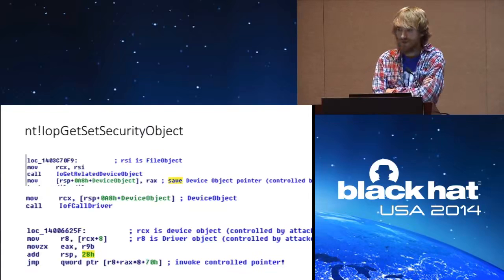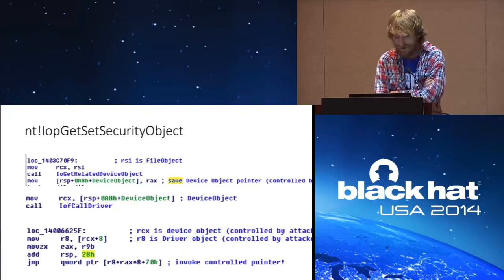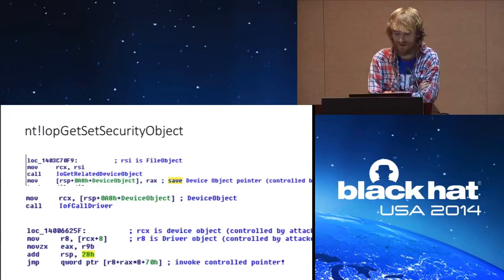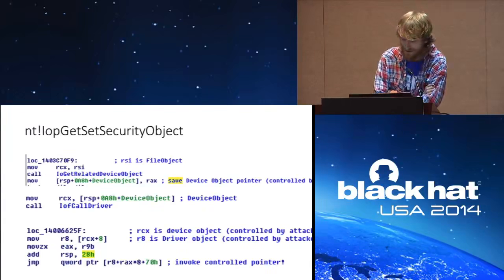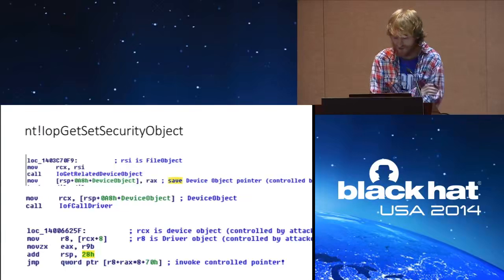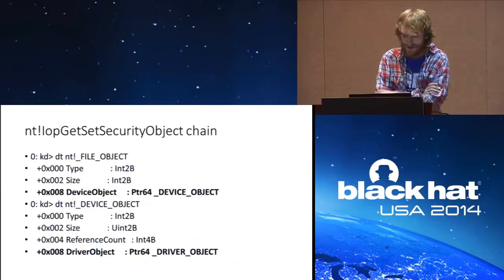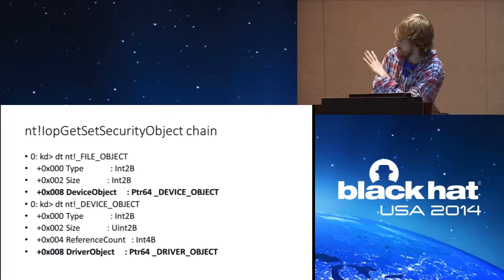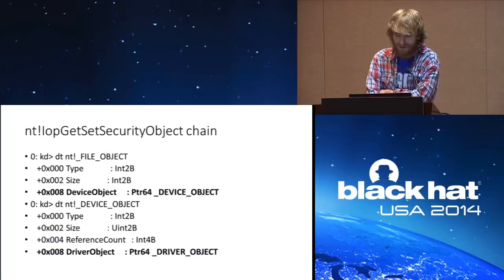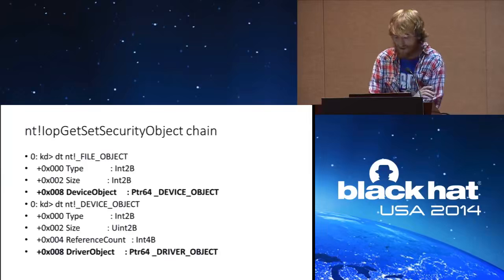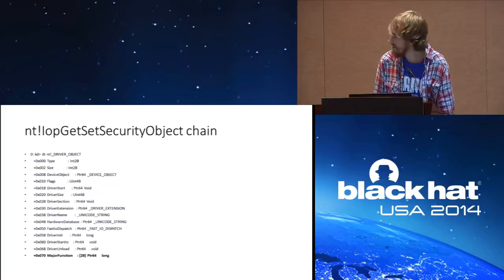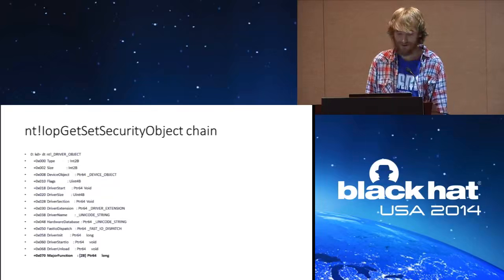We get one pointer from our smashed object, so we control the pointer, and we can craft our fake device and driver object in user mode memory. In the end, it will jump to our ROP chain or shellcode. I cut these structures because device and file object are bigger, but the most important is just the pointer chain, and the driver object in the end contains a major function array, which is basically function pointers.